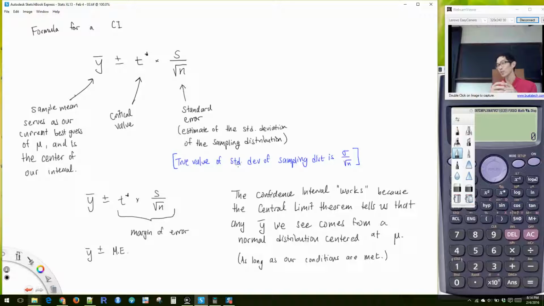So you can't just say, I'm going to take these people. Everyone needs to be randomly and independently selected. And then, yes, your sample size needs to be big enough, which we said in most cases 25 or more is big enough.